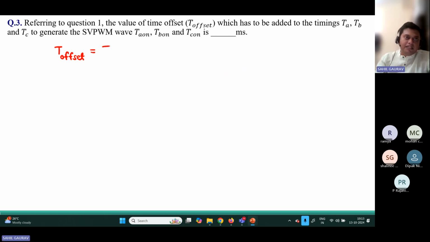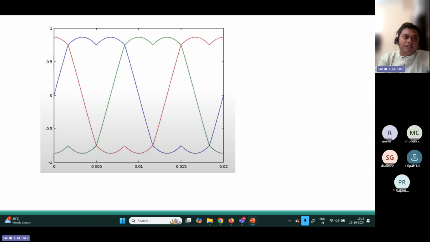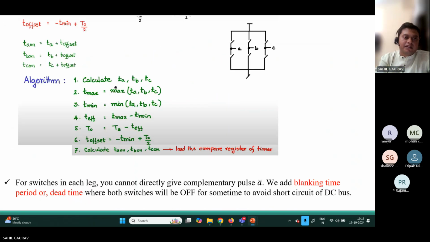T offset is minus T minimum plus T naught upon 2.